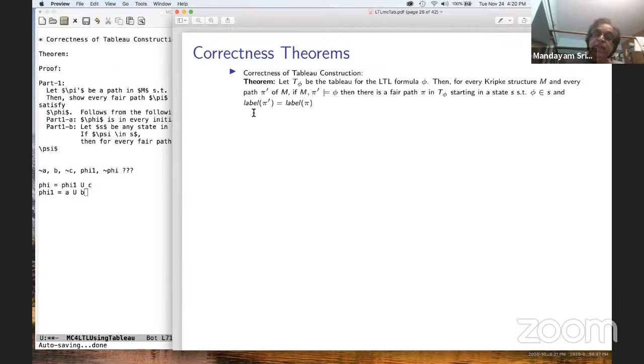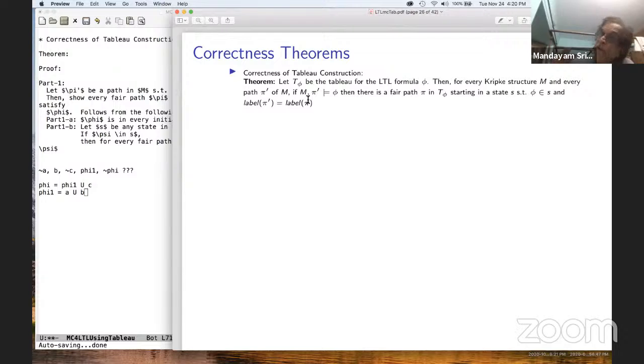If you just keep the labels on the paths, okay? So M can have its own states and its own paths.